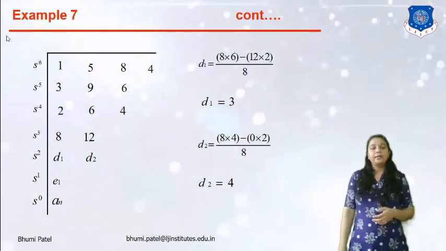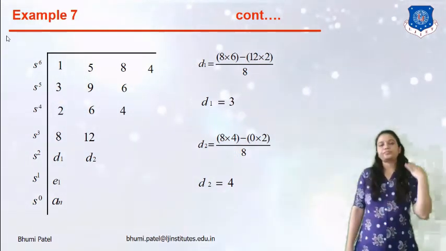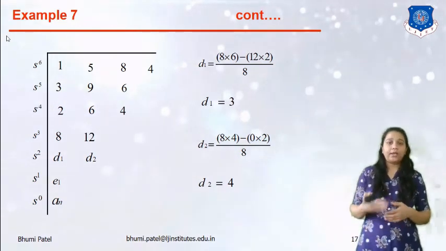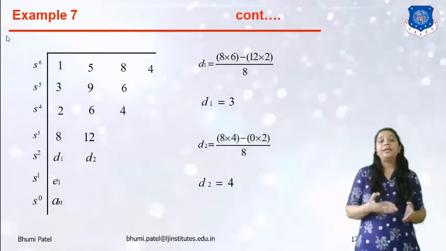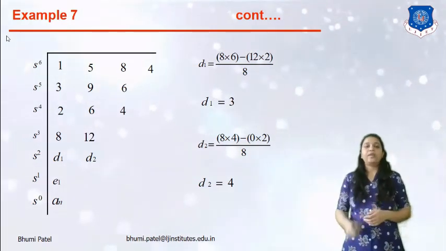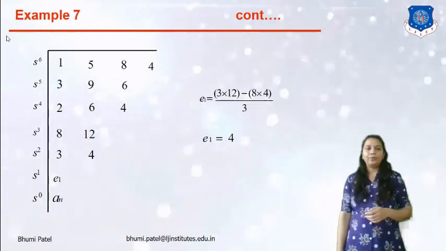So we get d1 is equal to 3. Now for d2 we again cross multiply: 8 into 4 minus 0 into 2 divided by 8. So we get d2 is equal to 2.